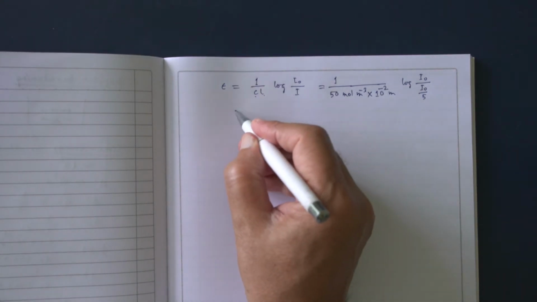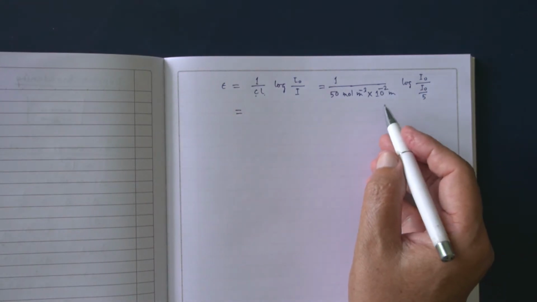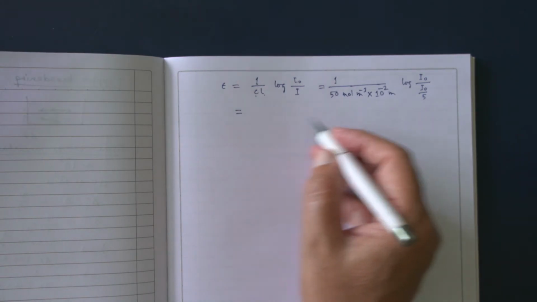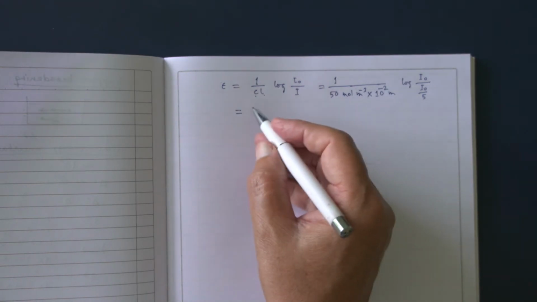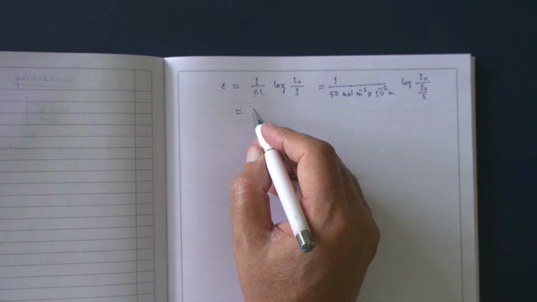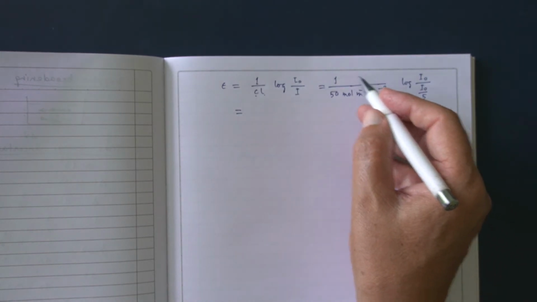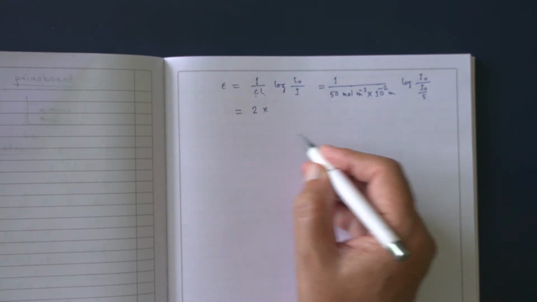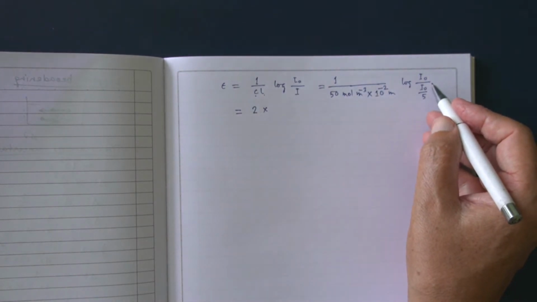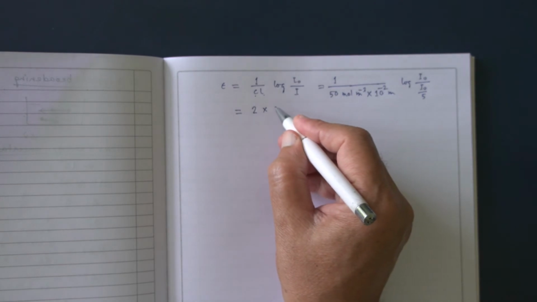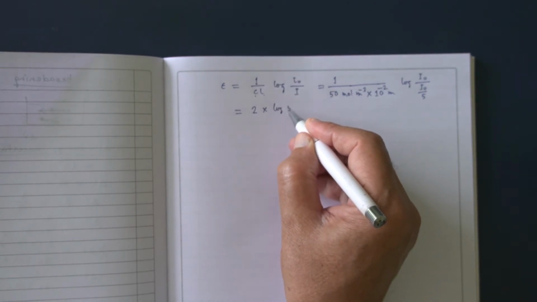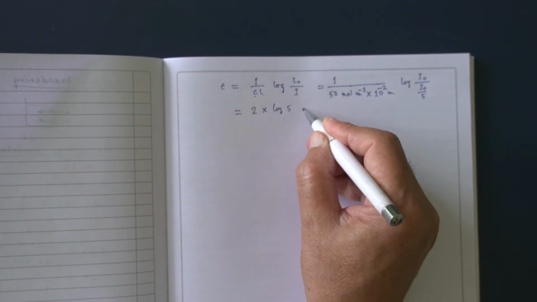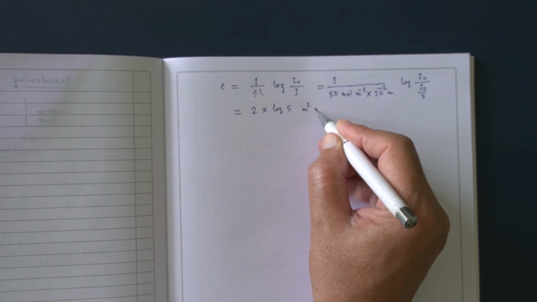So you just simplify this. This is 0.5, this will be 1 by 0.5, which is 2, into log 5, the unit is meter square per mole.